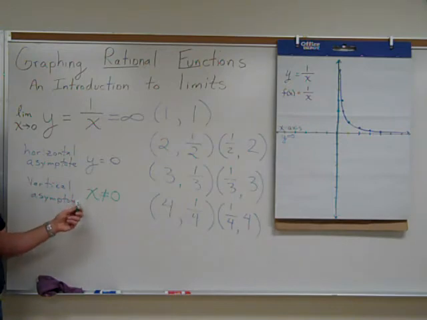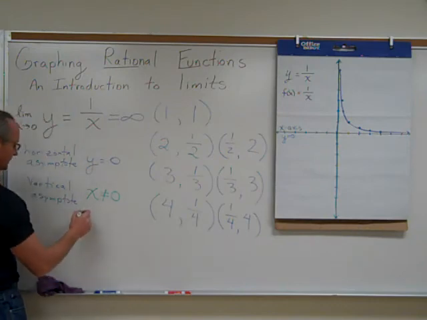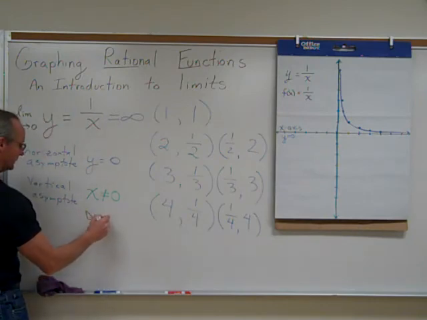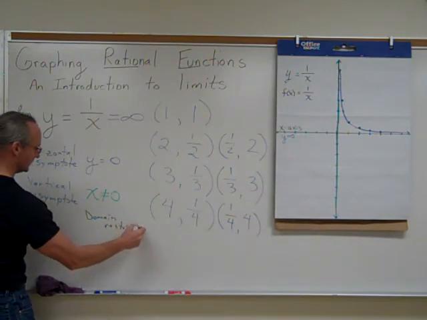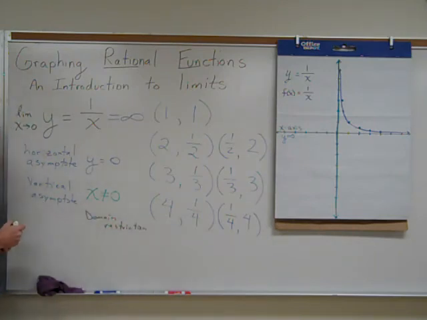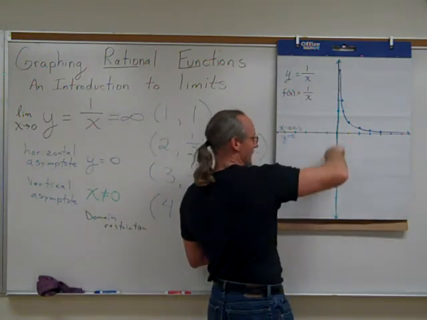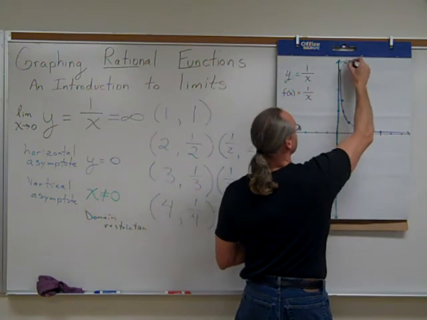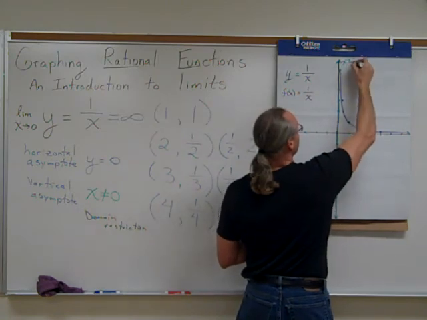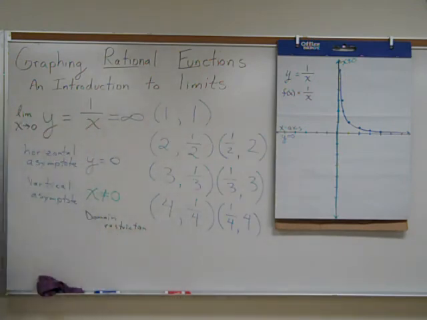But you can never cross a vertical asymptote because it's a domain restriction. It's another way of saying that x cannot be equal to 0. This vertical line is the line x equals 0. Again, I like to write it as x is not equal to 0 because I'm not going to ever allow it to happen.